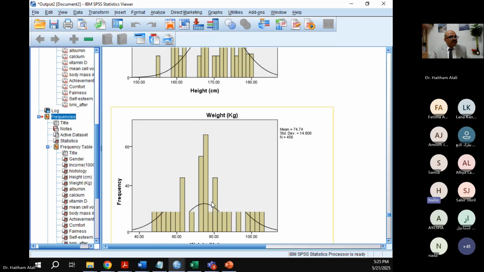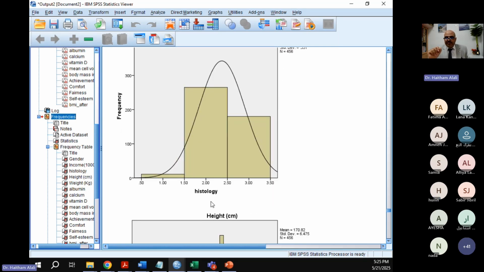Hi, doctor. How to confirm now? Helen, yes, can you explain more why this line is not normal? The line should be equal from both sides. If you see here, it is high and then elevated from the right side.